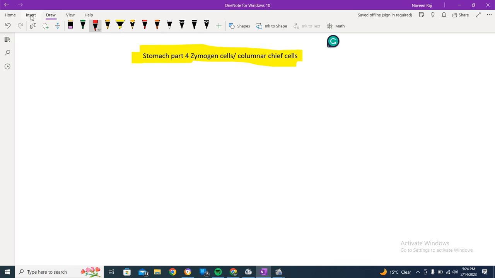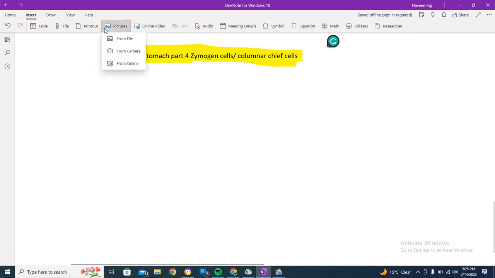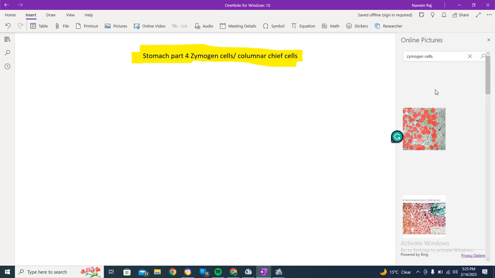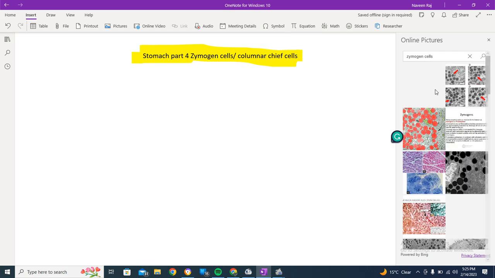First of all, let me look for a picture online to help you understand how the cell looks. Okay, here we have some pictures.